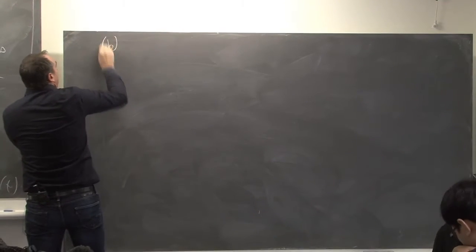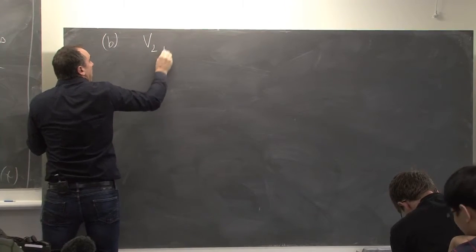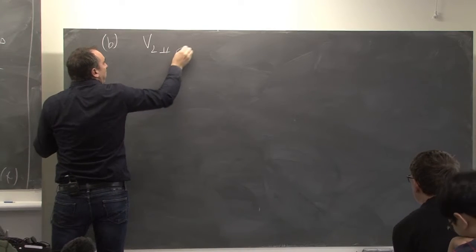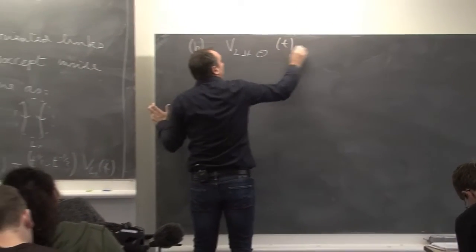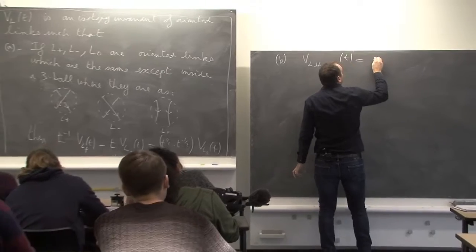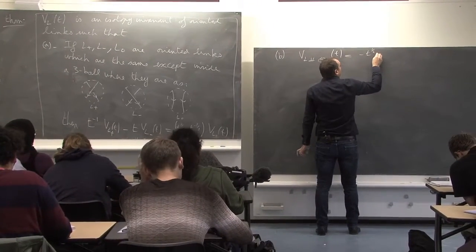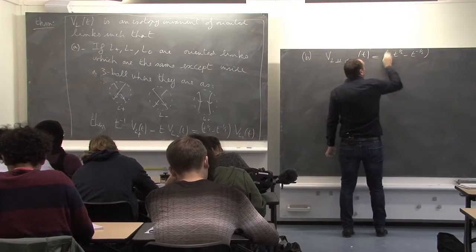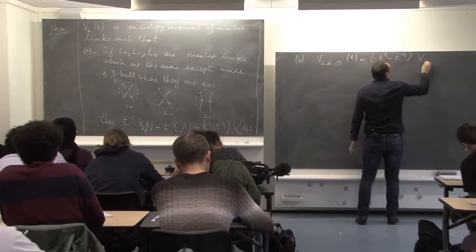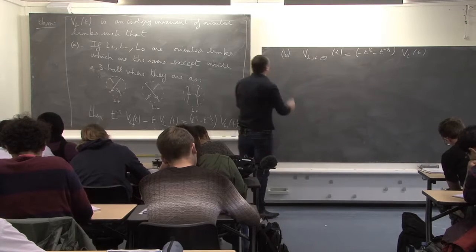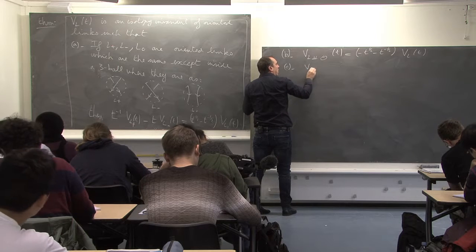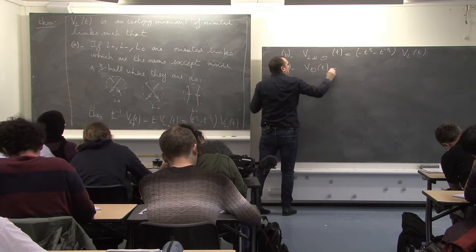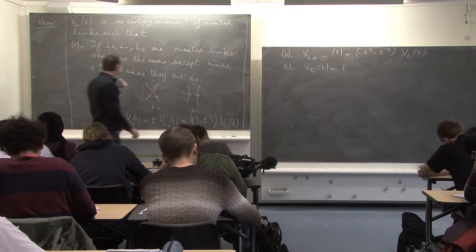And the second, B: VL disjoint union with the oriented unknot is minus T^(1/2) minus T^(-1/2) times VL of T. And C: for the unknot we have 1.